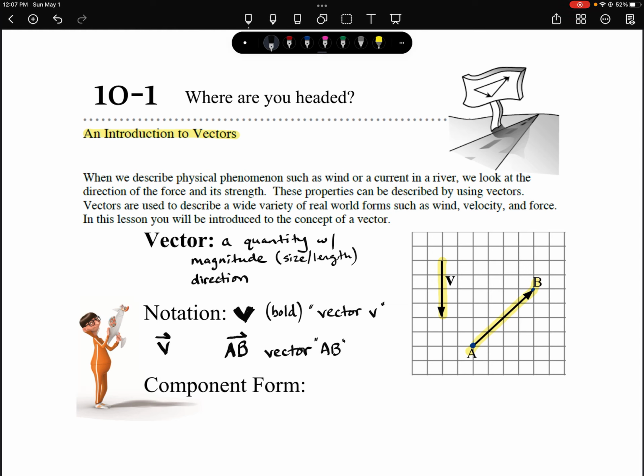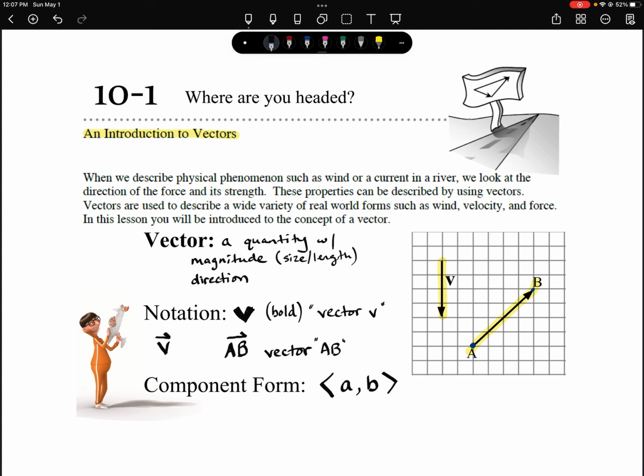All right, something you need to know, because they have magnitude and a direction, we're going to be describing how these look. One way we describe them is using what we call component form. Component form looks something like an ordered pair. You've got two numbers separated by a comma, and instead of parentheses or brackets, they're kind of like pointed parentheses.